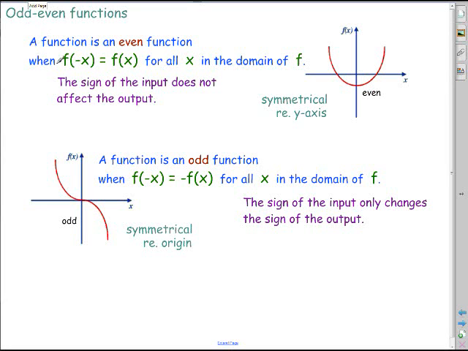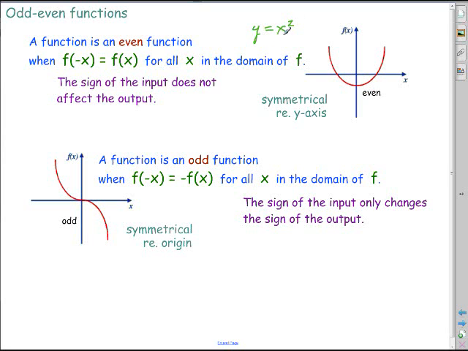Odd even functions, these are something that you may or may not have encountered in previous math classes. A function is an even function. Now remember, this is functional notation. Function f, when given a negative input, gives the same result as function f with a positive input. A good example of that is y equals x squared.